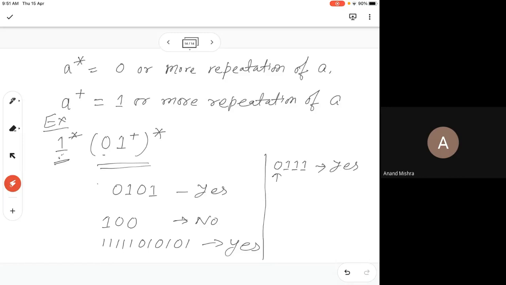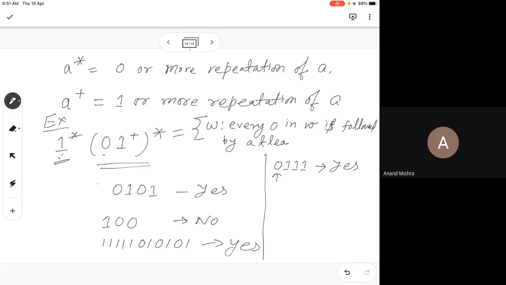So in English, this is nothing but all W's such that every zero in W is followed by at least one 1.